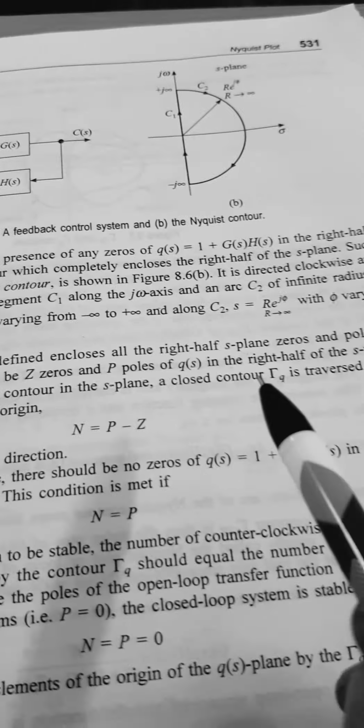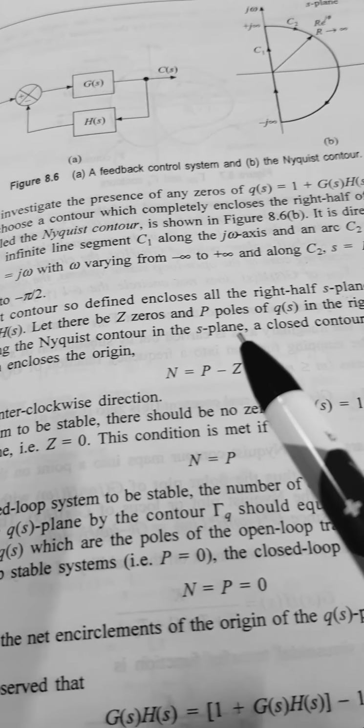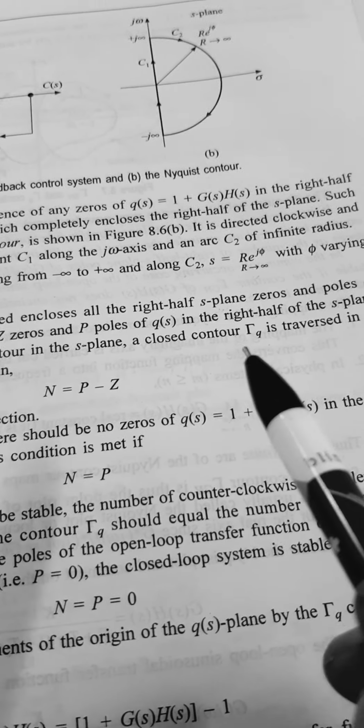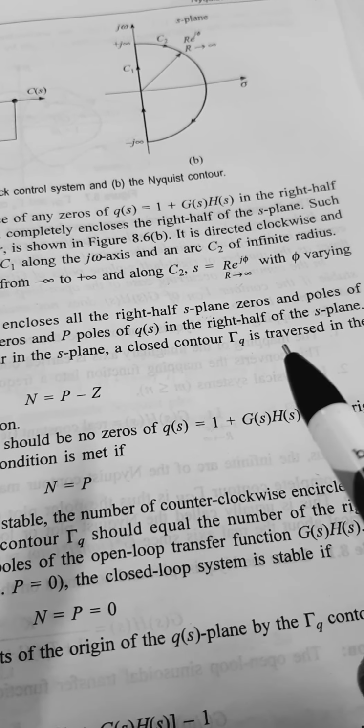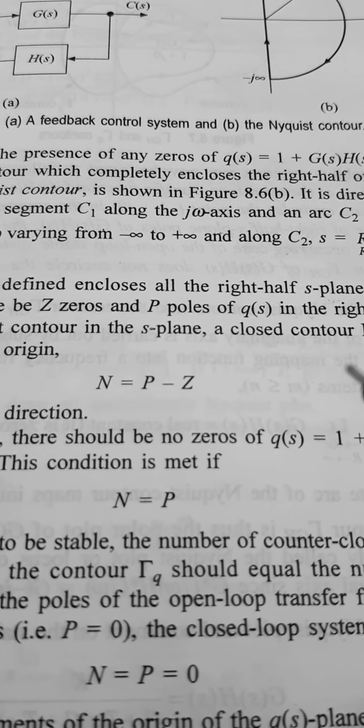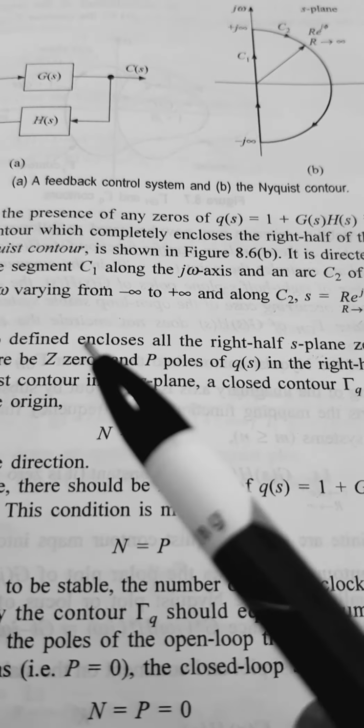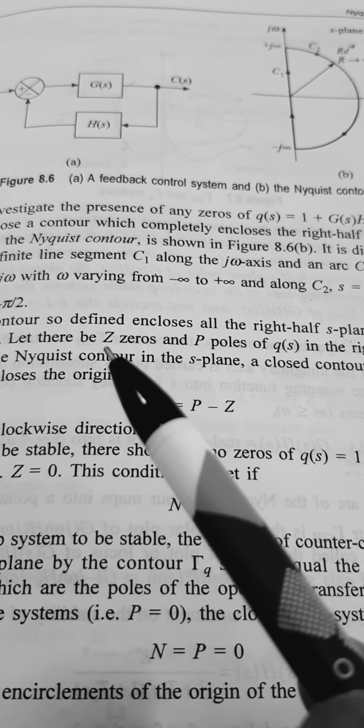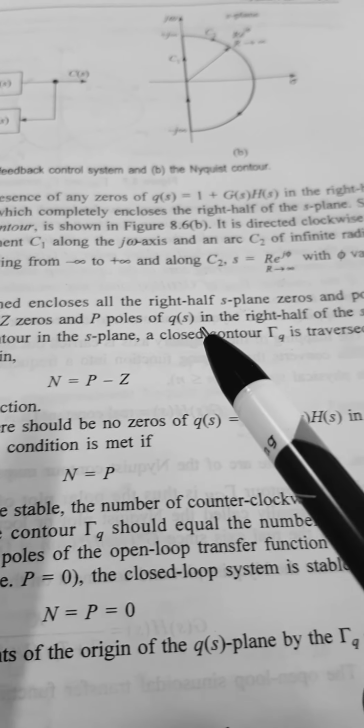As s moves along the Nyquist contour in the s plane, a closed contour is traced.